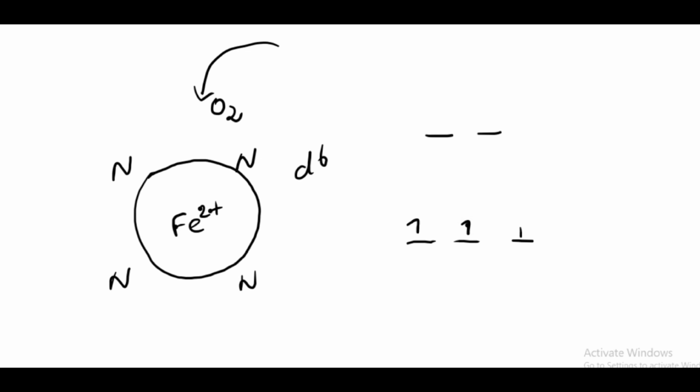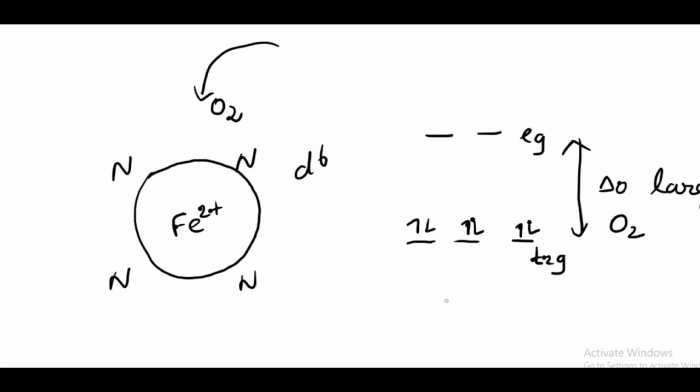Now what will happen when oxygen enters the heme group? The nitrogen atoms are forming a hole here, and whenever the oxygen approaches the Fe2+, since we know that Fe2+ is a d6 configuration, 1, 2, 3, and since Delta O is large in the presence of the oxygen molecule, the fourth electron cannot go to the eg level. This electron is again accommodated in the t2g level itself.